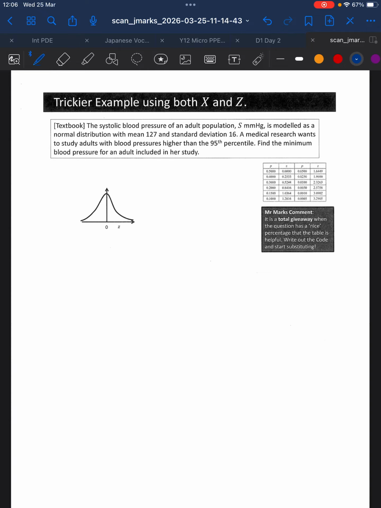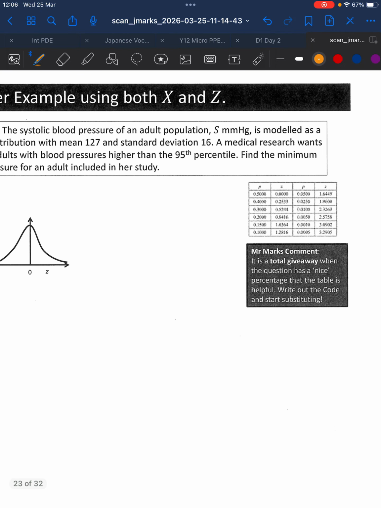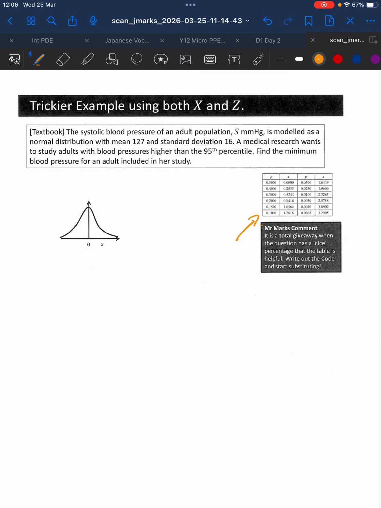Let's try a harder example. So this is going to be the first time where we're probably going to be forced into using this table. Blood pressure of an adult population. So blood pressure of a population is modelled normal.